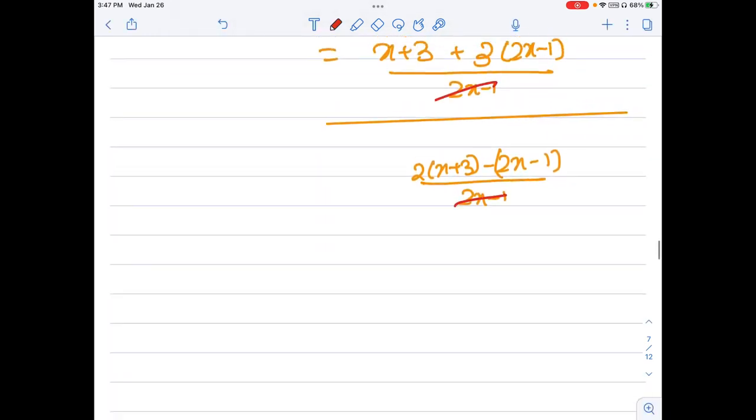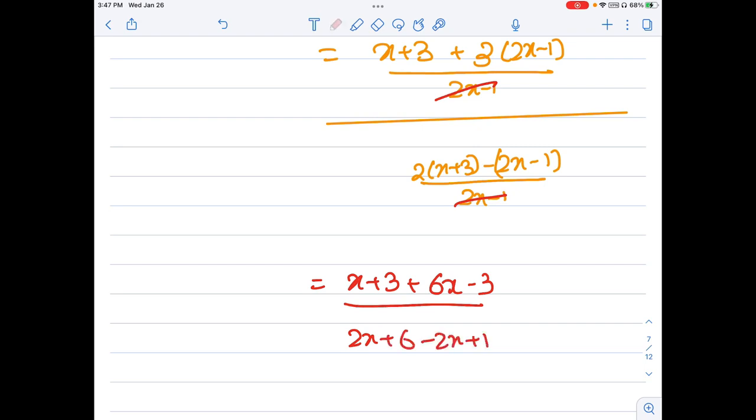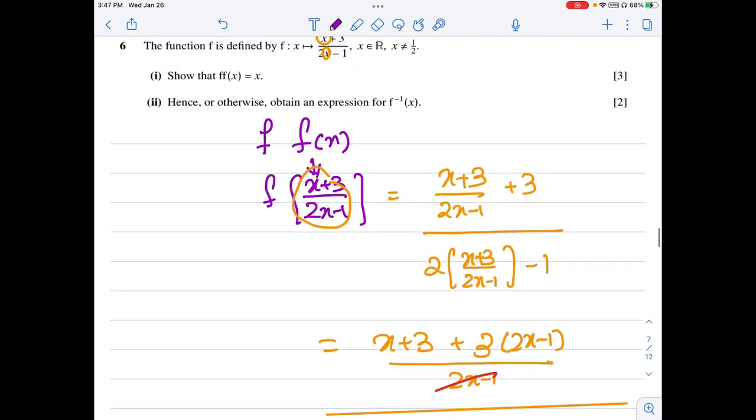So what am I left with? x plus 3 plus 6x minus 3 upon 2x plus 6 minus 2x plus 1. So we can further see that 3 gets cancelled, 2x gets cancelled. I get 7x upon 7, which is equal to x.